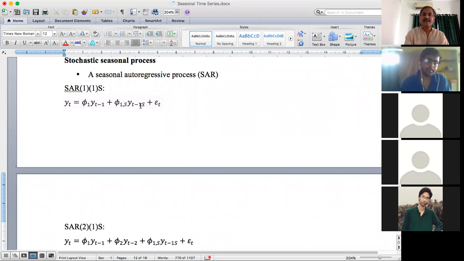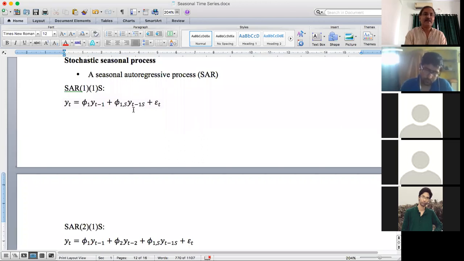So y t minus 7 indicates AR1 for daily data, y t minus 24 indicates AR1 for hourly data, y t minus 12 indicates AR1 for monthly data, y t minus 4 indicates AR1 for quarterly data, y t minus 52 indicates AR1 for weekly data.